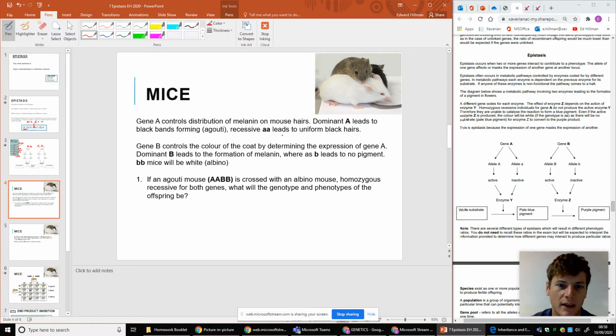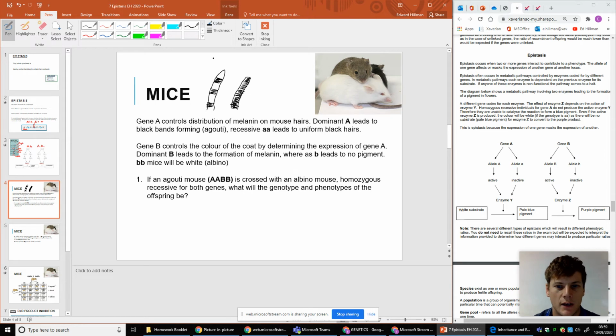The recessive A leads to uniform black hairs. So the hairs themselves can either have black bands that look like this, or they can just be solid black. I've not coloured that in very well.